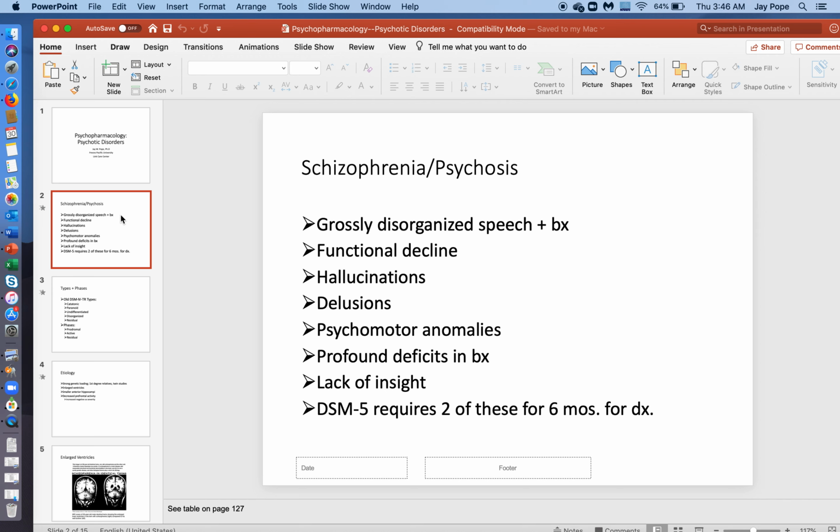Psychotic disorders refers to that entire class of disorders that have to do with people mainly who suffer from schizophrenia or schizophreniform disorders. Schizophrenia, of course, is the most famous of all the psychotic disorders and the most common.